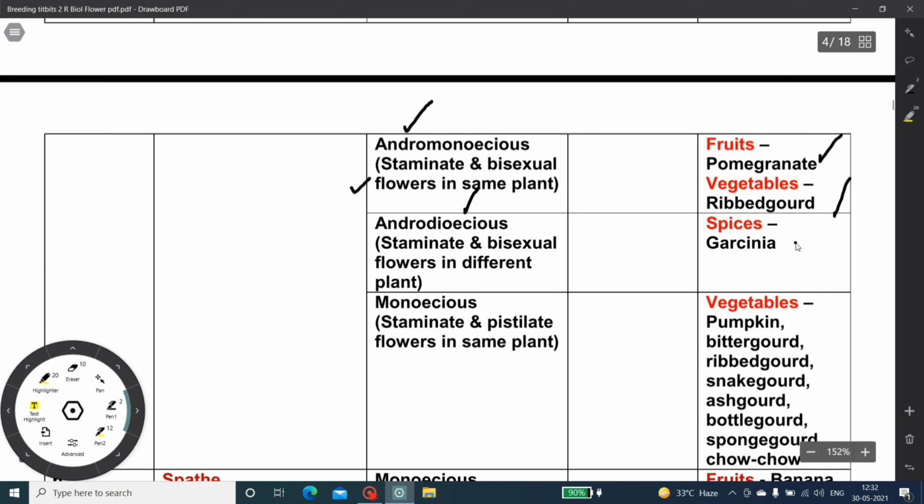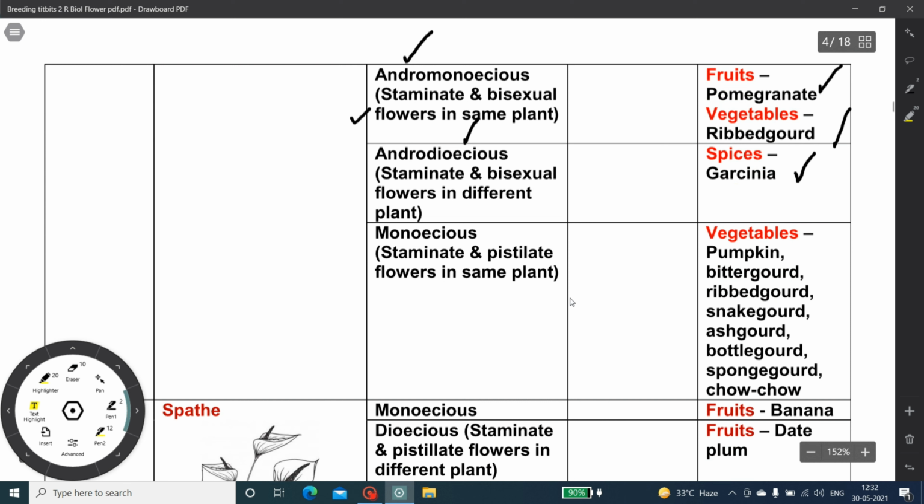Example, spices like garcinia. Monoecious, that is staminate and pistillate flowers in the same plant: vegetables like pumpkin, bitter gourd, ribbed gourd, snake gourd, ash gourd, bottle gourd, sponge gourd and chow chow.